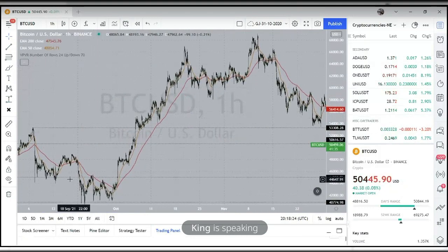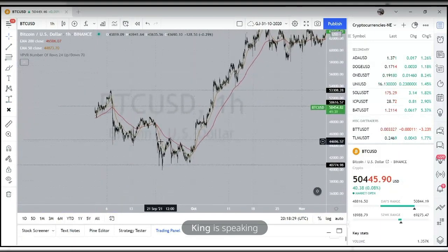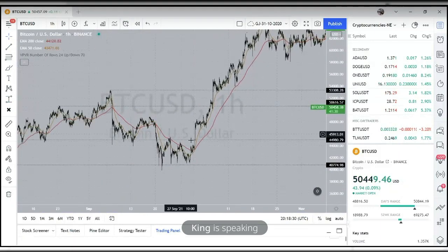But on the hourly, if you're looking at every individual candle, you might not necessarily see the trend that's forming.